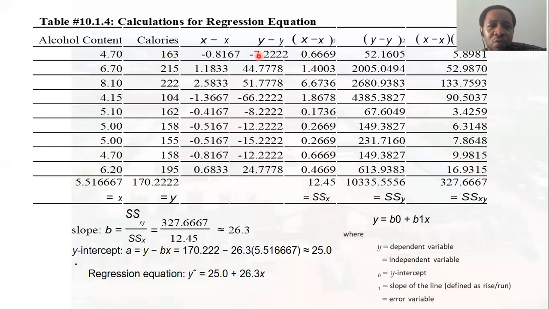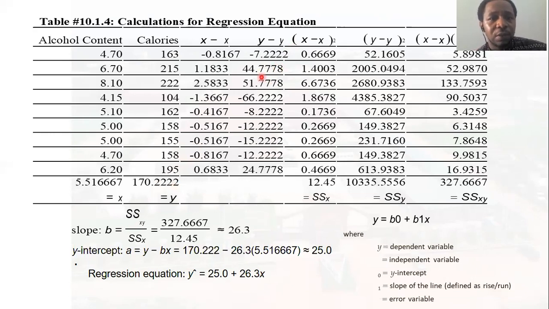You do the same thing, 215 minus 170.222. It will give you a value of 44.77.